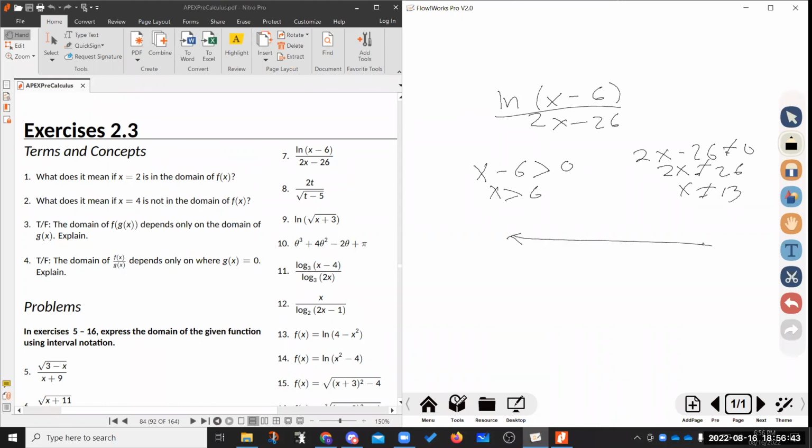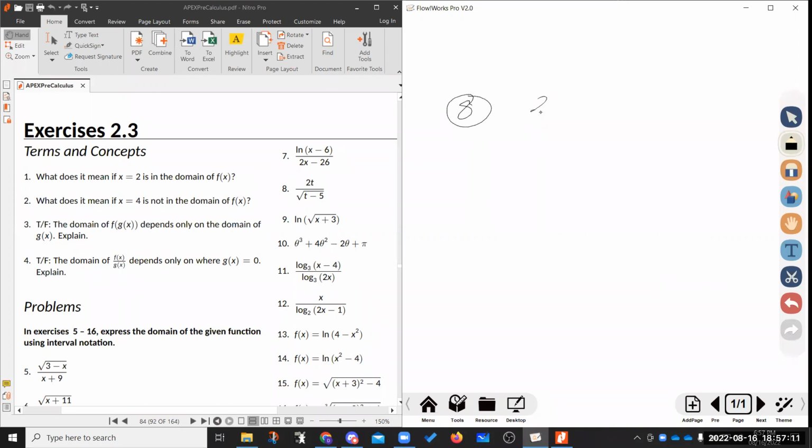So we need x greater than 6 and not 13. Strictly greater than, not including the point. There's 13, not including that point, and I need to be greater than 6, but not 13. So I don't color in that open circle. That means that our domain in interval notation is going to be 6 to 13, union 13 to infinity.